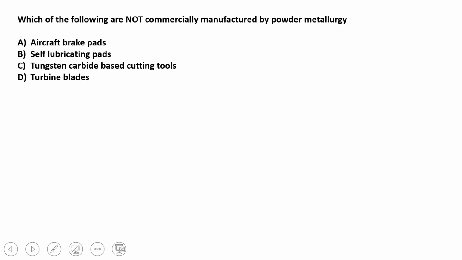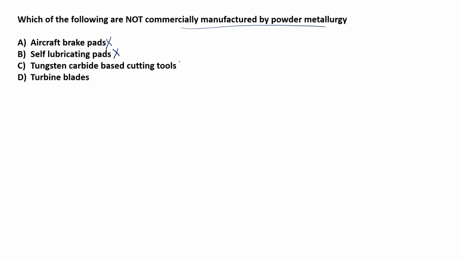Next, which of the following are not commercially manufactured by powder metallurgy? It can be manufactured, but is it commercially manufactured? Aircraft brake pads are always made by powder metallurgy and it is commercially made, so this will not be the correct answer. Self-lubricating pad is also very well made by powder metallurgy.